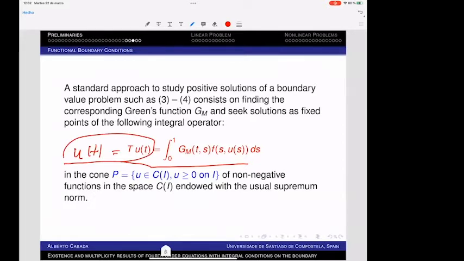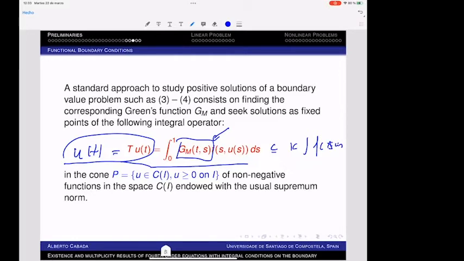And what I say is, if we are able to obtain capital G, we have all the properties of the linear problem: which is the expression, which is the sign, which are the a priori bounds, etc. Imagine if this is less than some constant k, automatically this makes k times the integral of f(s, u(s)), something like that.